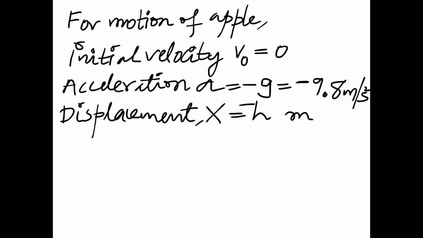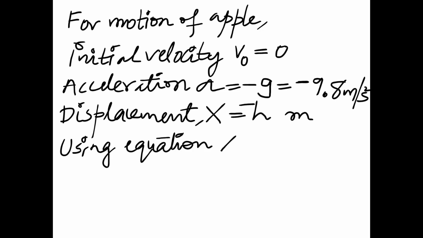So we will use one of the equations of motion, the equation for displacement: x equal to v naught t plus half a t square, where v naught is the initial velocity, a is acceleration, and t is time.